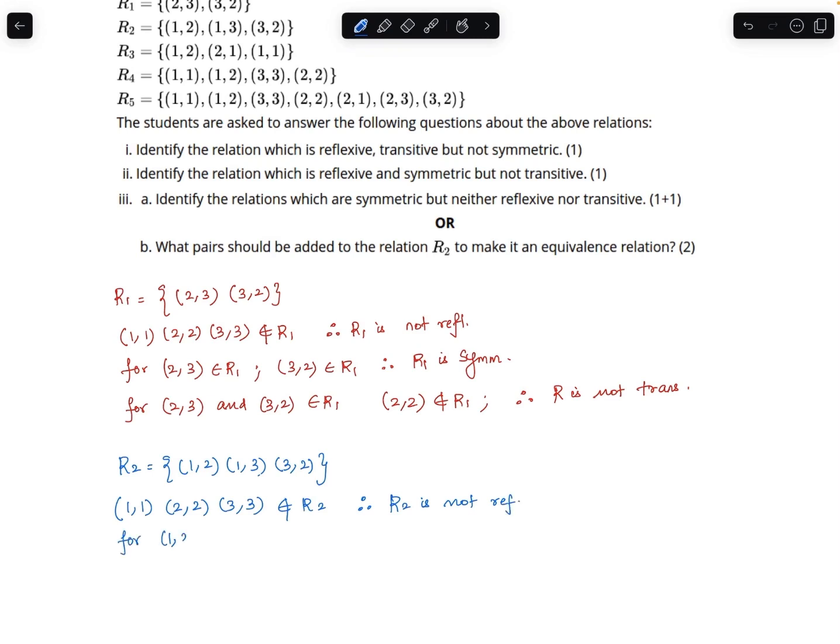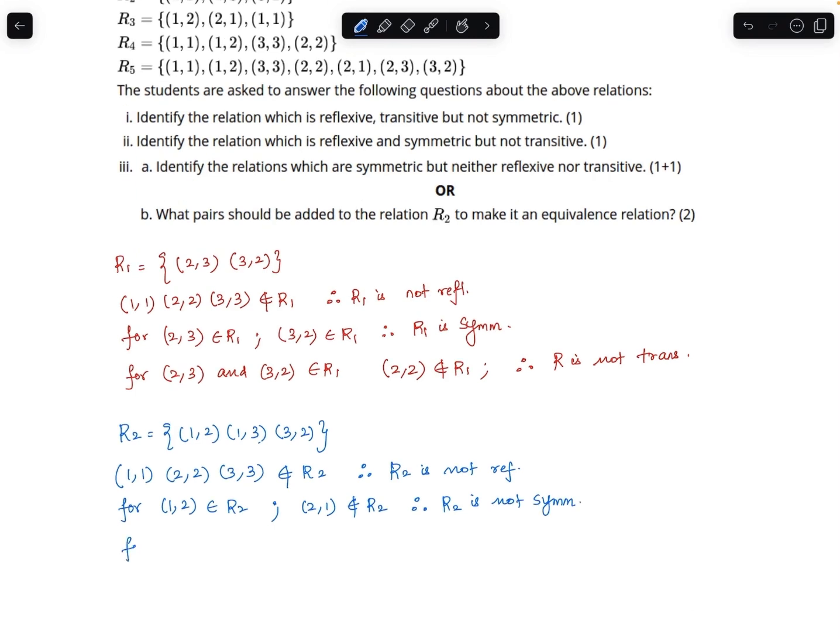For ordered pair 1, 2 in R2, there is no 2, 1 in R2. Therefore, R2 is not symmetric. For 1, 3 and 3, 2 in R2, 1, 2 is also present in R2. Therefore, R2 is transitive.